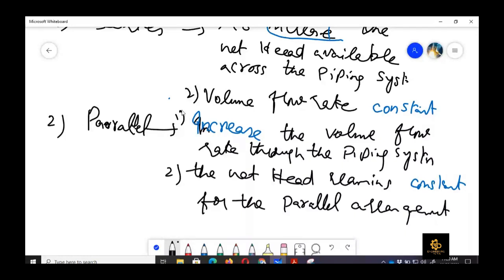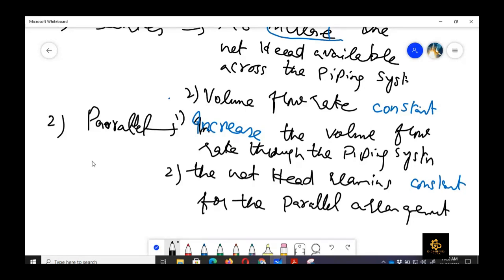If we install electric resistances in parallel, the voltage drop would be the same, and then the current would depend upon the individual resistance. The resistance which has the lower value would have the maximum current, and vice versa. So I hope that you can appreciate the analogies between flow situations and electric circuits here.